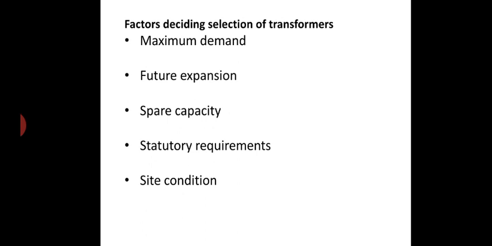And spare capacity: we need to ensure that the transformer is not operated at full load, it should be operated at 50% only, so that spare capacity is there. In the long run, if an industry is expected to expand its units, we cannot install a transformer suddenly, so some spare capacity should be allocated in a factory.